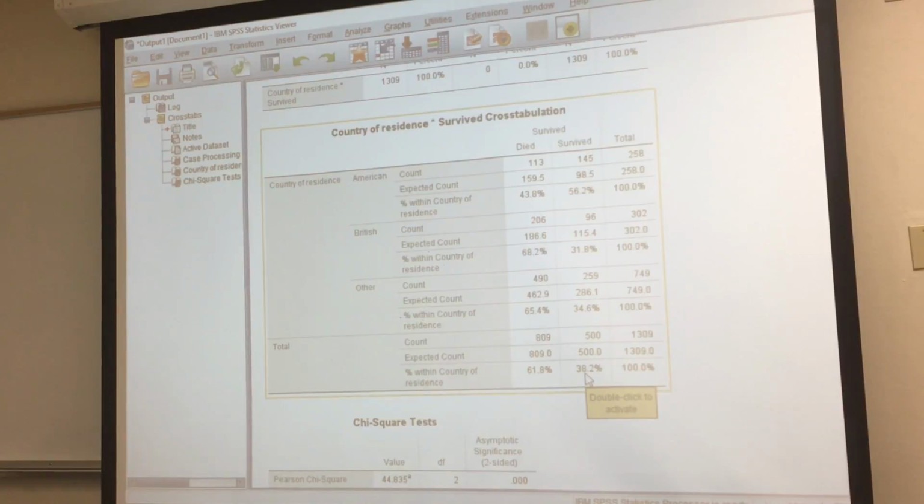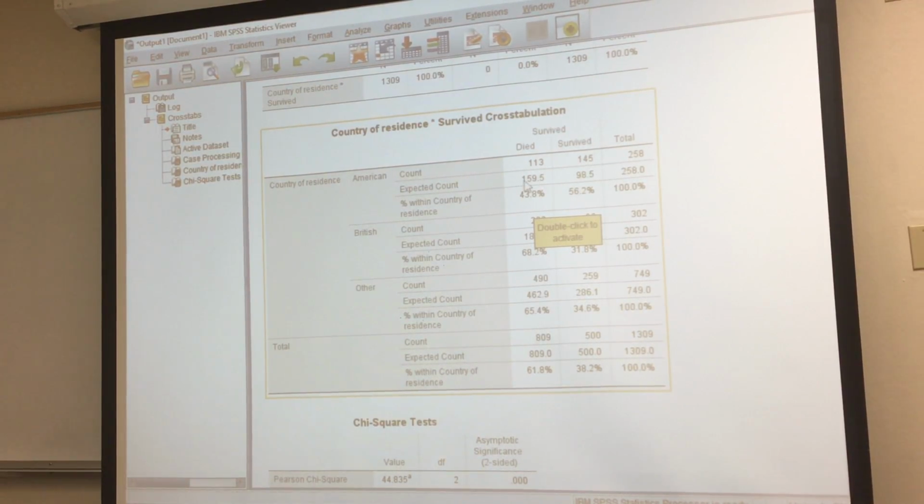So Americans are less likely to die and more likely to survive. So there is some kind of association between country of residence and the chance of surviving. Okay, so you can see the percentages are weird here.